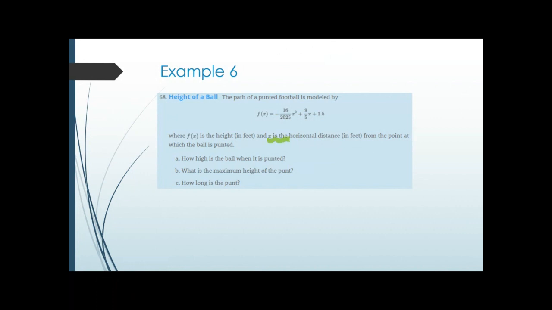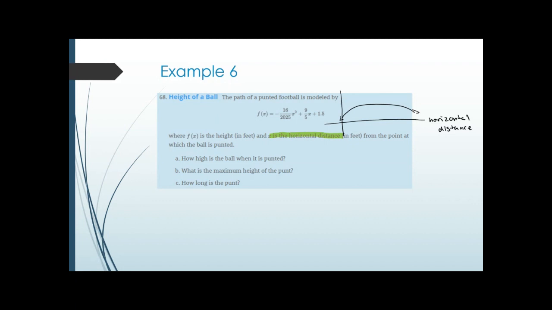In this case, the x is the horizontal distance. In our discussion, it's the vertical distance. But the steps are basically the same. So we have a path of a punted football modeled by this equation. This is our horizontal distance.